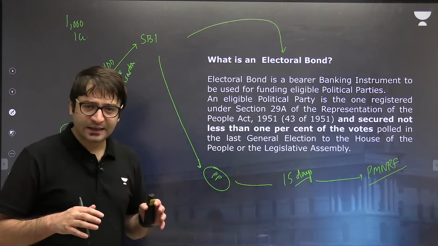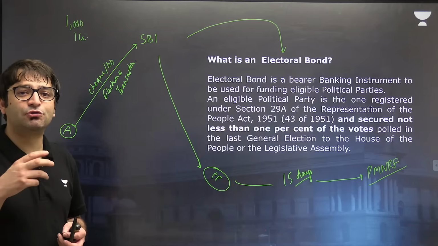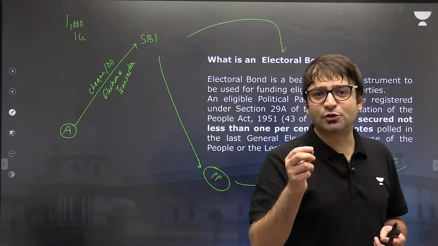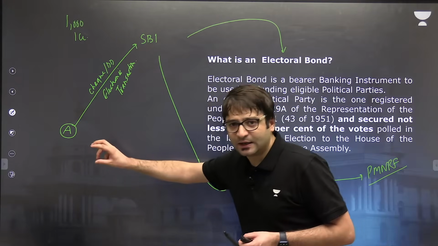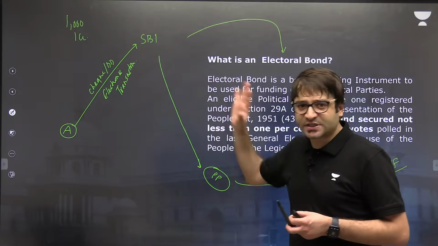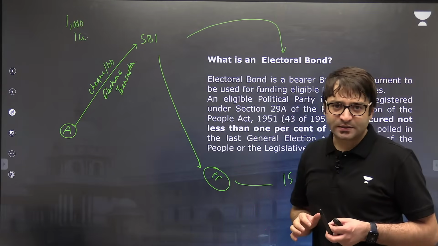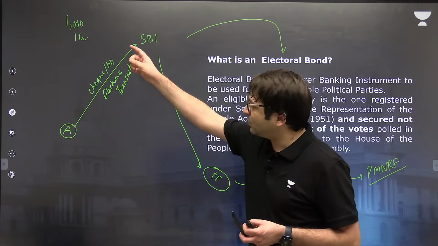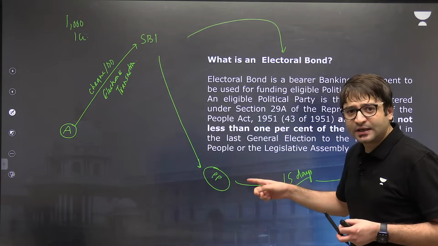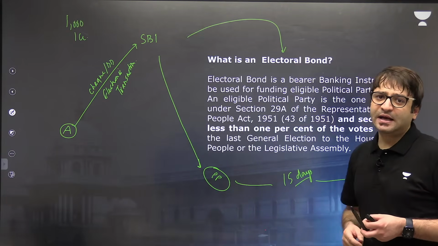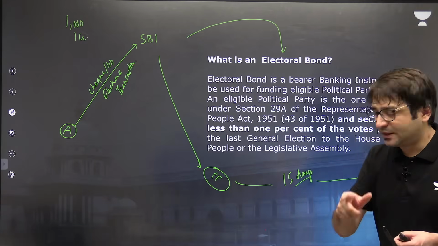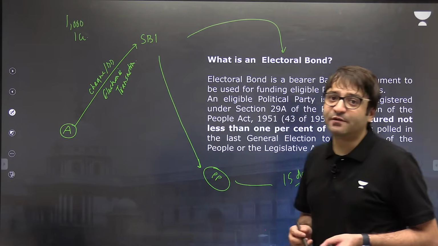Long story short, if we need to find an alternative to cash, for that a scheme was conceptualized in 2018, known as the Electoral Bond Scheme, where an individual who wants to donate money to a political party approaches the State Bank of India and buys these electoral bonds worth 1,000, 10,000, 1 lakh, 10 lakh, 1 crore, and deposits them into the bank account of a political party. The political party has 15 days to encash this bond, or else the money goes to the Prime Minister's National Relief Fund.